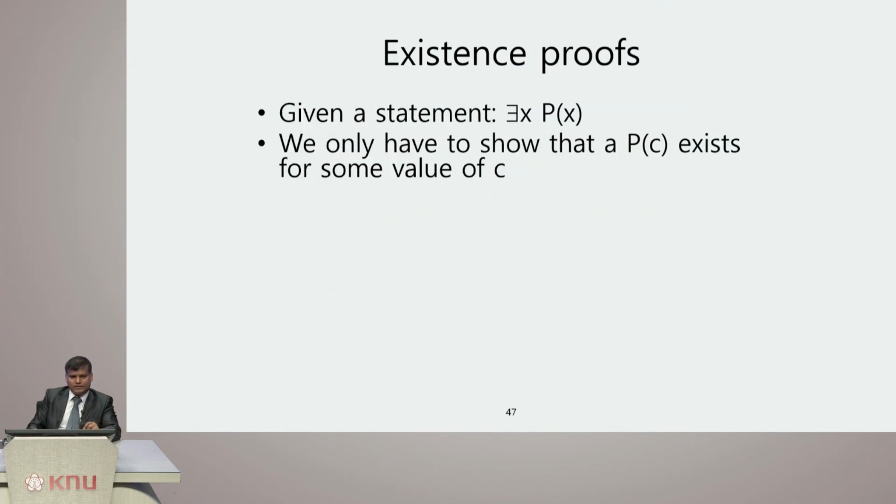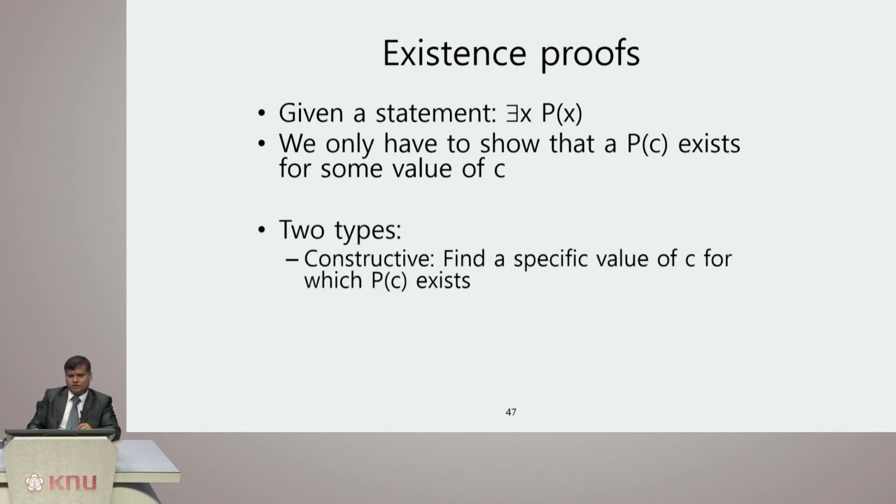Then comes the proof of existence. Given a statement, for some value of x, P of x, we only have to show that P of c holds for some value of c. If we can show that, then it's proved. There are two types. Constructive: find a value of c for which P of c holds.